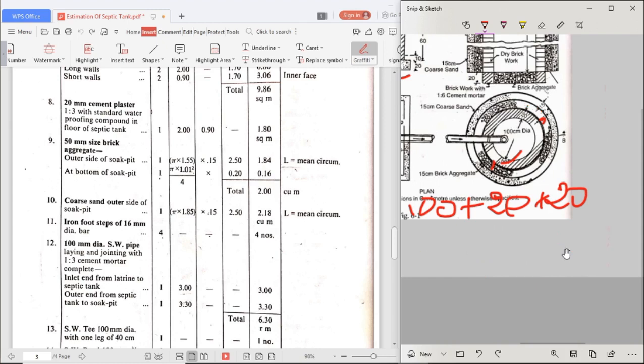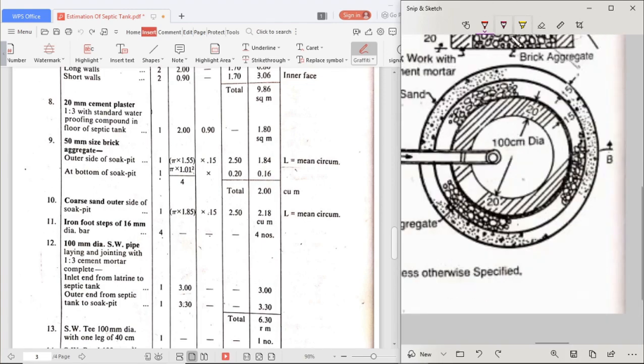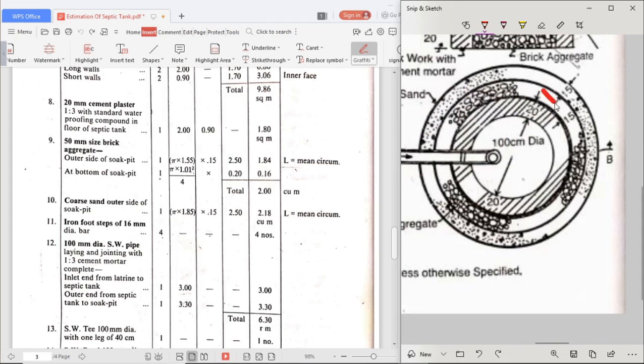What we want is the mean circumference, the distance from the center of the brickwork to the center of the brickwork on the other side. 100 plus 20 plus 20 plus 15 by 2 plus 15 by 2, we will get 1.55 meter or 155 centimeter.